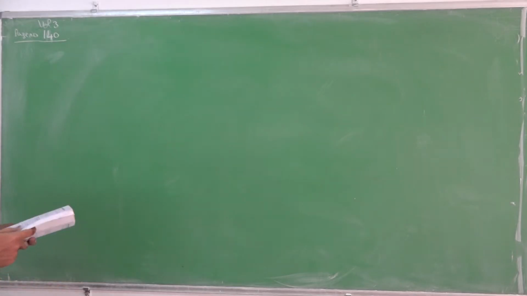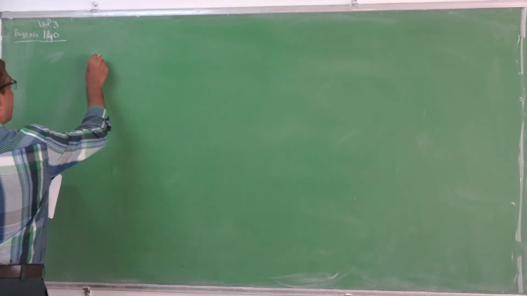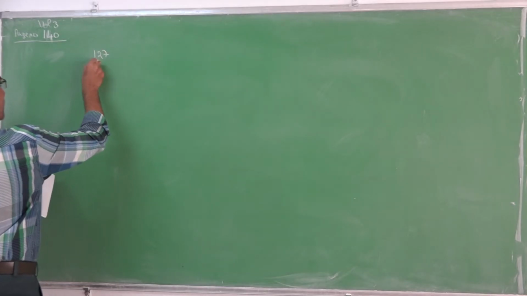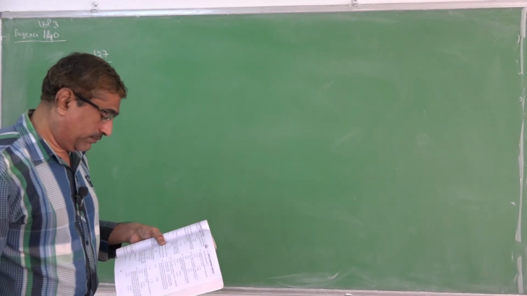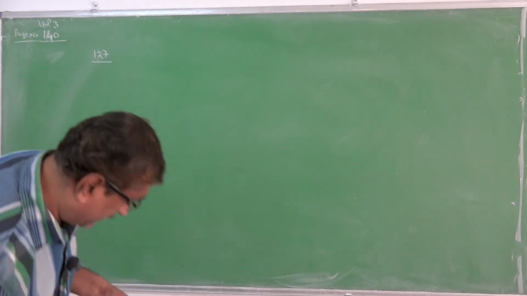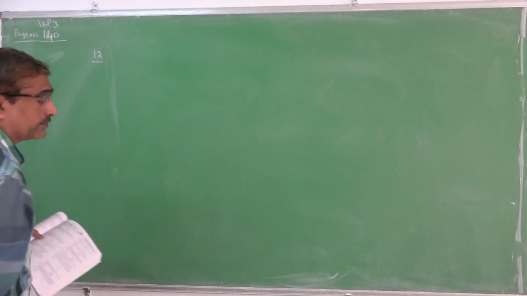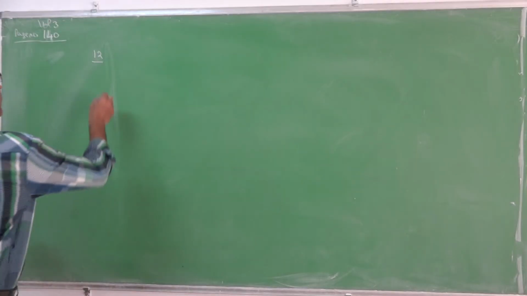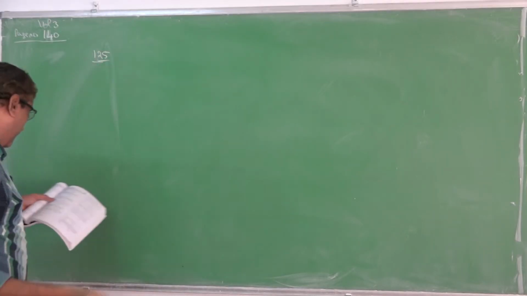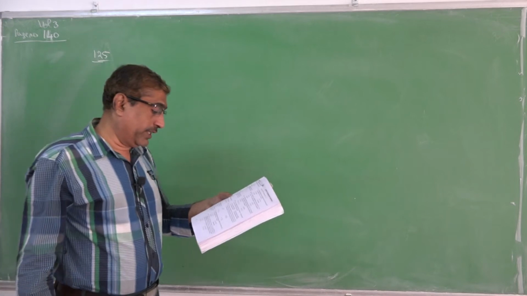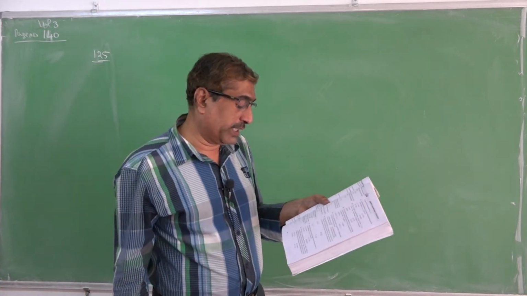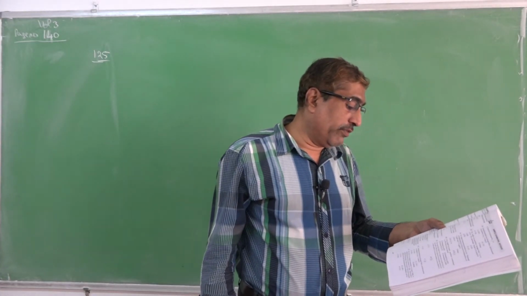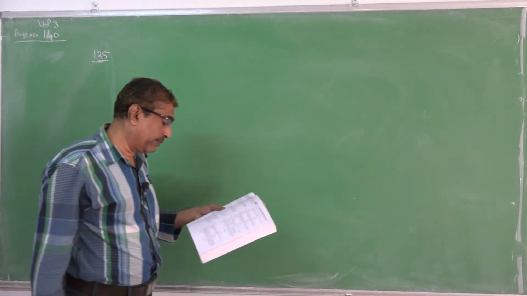Now the next one, 125. A seconds pendulum is shifted from a place where g is 9.8 meter per second square to another place where g is 9.78 meter per second square.